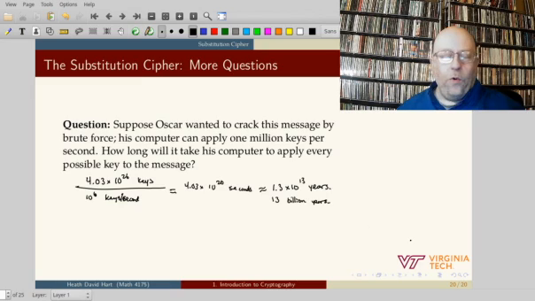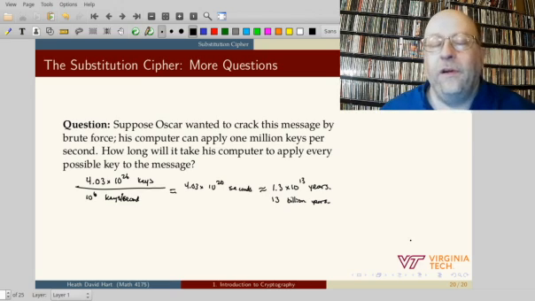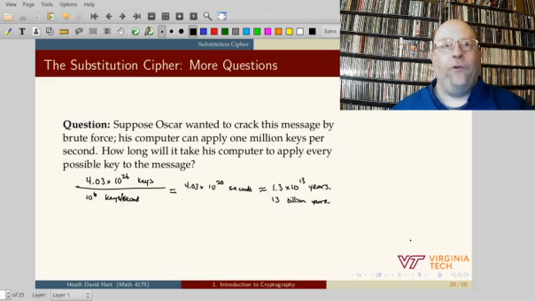So it is not feasible to try to break a substitution cipher using brute force. The number of keys is just so large that even with a fast computer, you can't possibly test enough keys to be able to hit the right one in a reasonable expectation of time.